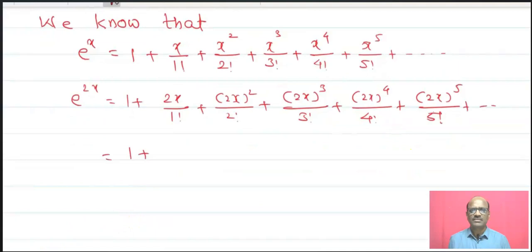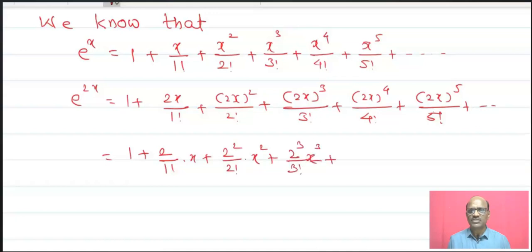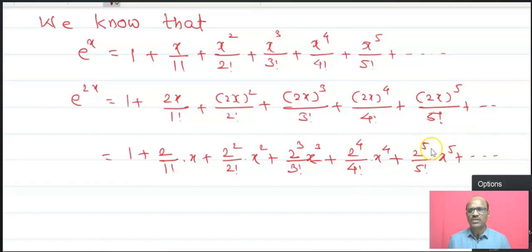And 1 + (2/1!)x + (2^2/2!)x^2 + (2^3/3!)x^3 + (2^4/4!)x^4 + (2^5/5!)x^5, and in this way.